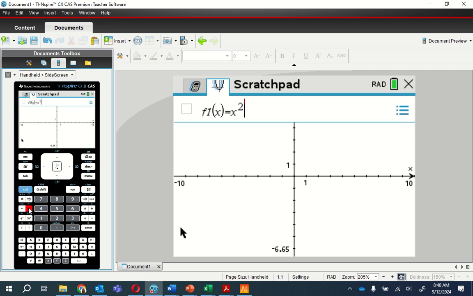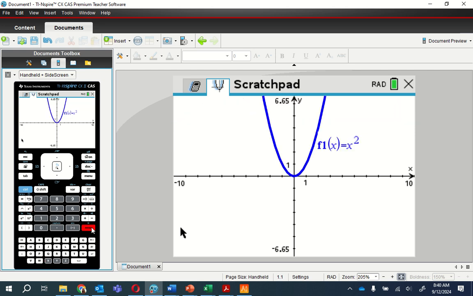X squared, enter. I hit tab, and it brings up F2, which is going to be the tangent line, which was -4x, was that -4 or +4? -4.